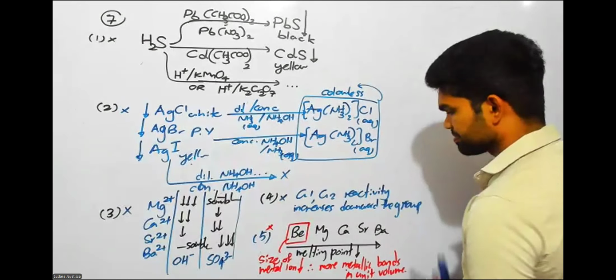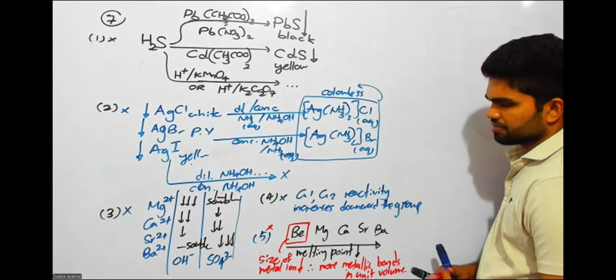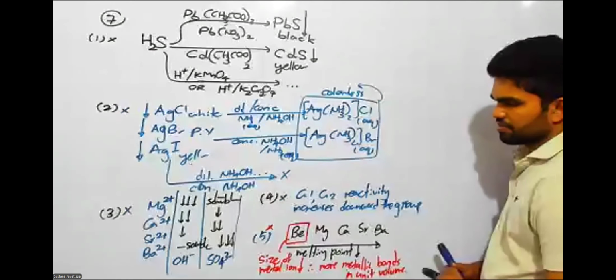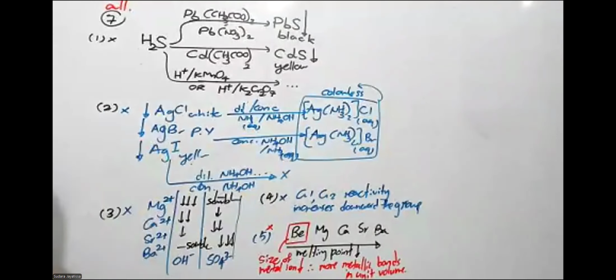That's why beryllium is having the highest melting point. So all the statements are wrong. So the answer for the 7th one is all. When I'm giving you the papers, I'll change it and give you. Right, so that is the explanation of the 7th MCQ.